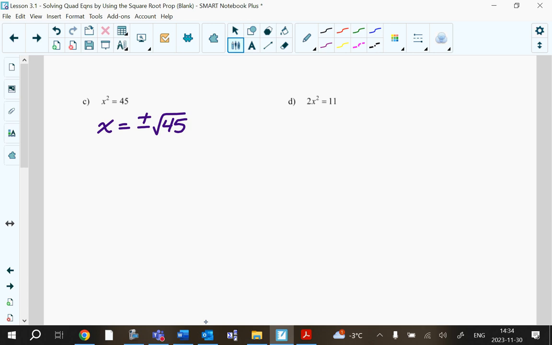Yes. So you've got to be able to simplify it if you can, because it breaks down to this, which simplifies to that. So if you can simplify it, do so, if there's a perfect square that goes into it.